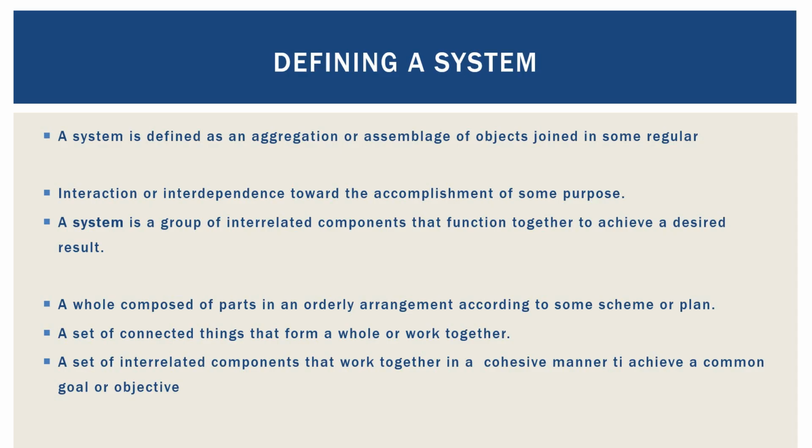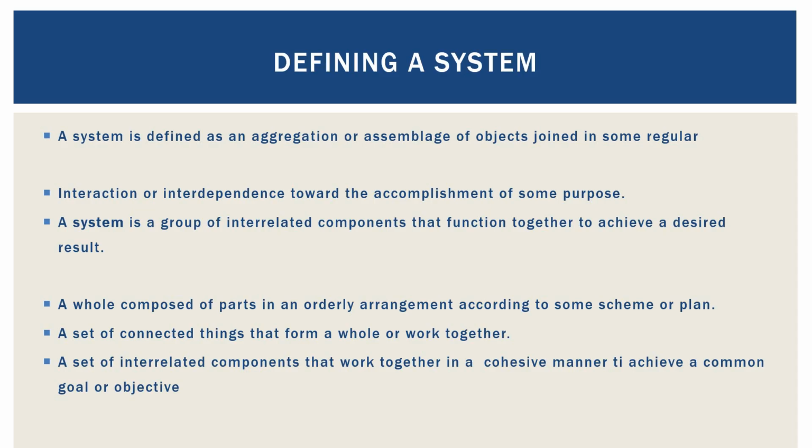They are arranged together according to some scheme or plan. Then the next definition says a set of connected things that form a whole or work together. And the last definition says a set of interrelated components that work together in a cohesive manner to achieve a common goal or objective.